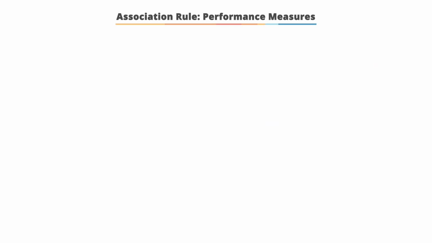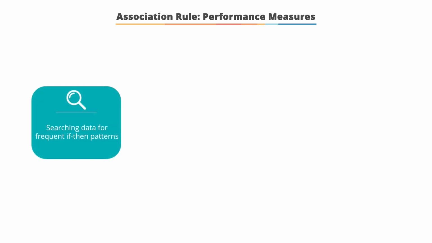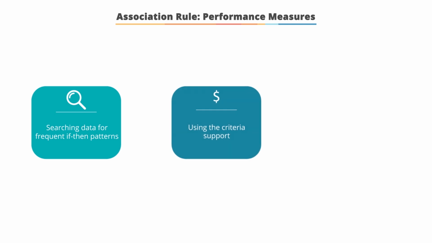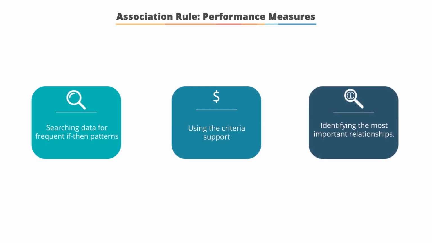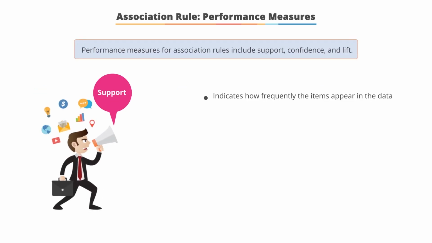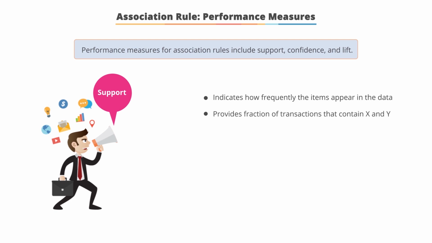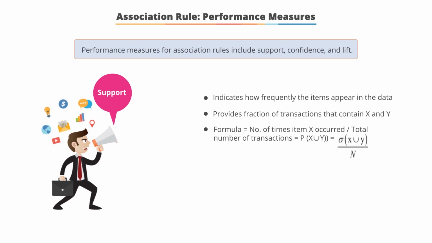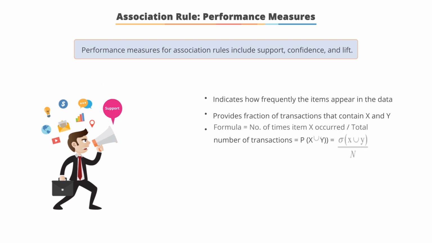Association rules are created by searching data for frequent if-then patterns, using the criteria support and confidence, identifying the most important relationships. Support is an indication of how frequently the items appear in the data. It provides the fraction of transactions containing items X and Y. Support is calculated as the number of times item X occurred divided by the number of transactions.